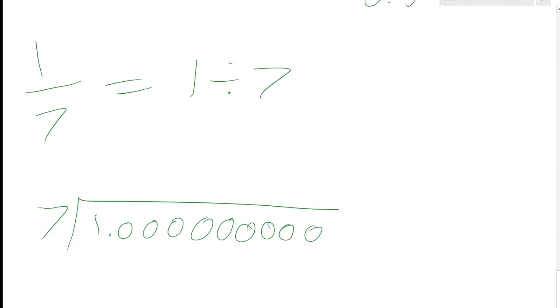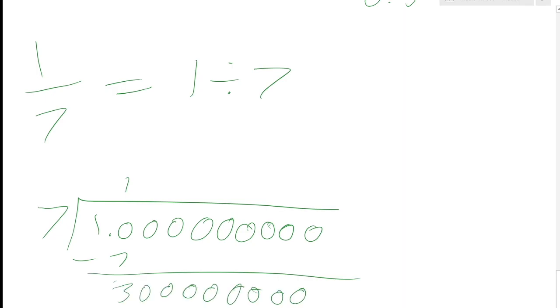See, this whole number is still 1. It's 1.000000. It's still 1. There's nothing else there. But we can now treat this as a normal long division. 7 doesn't go into 1, but it does go into what is effectively 10 one time. Subtract 7, we get 3 with our mass of zeros.